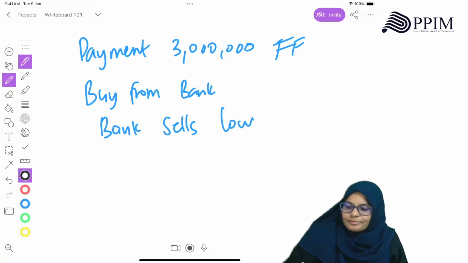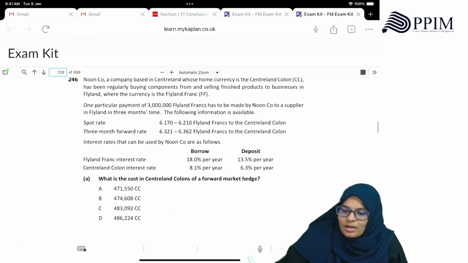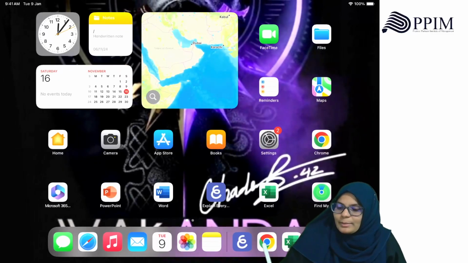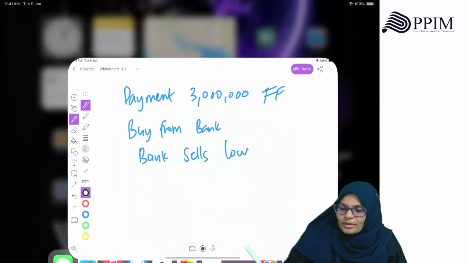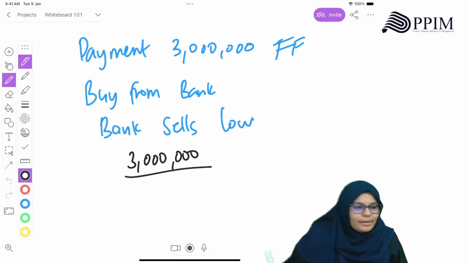Okay. So if you look at the forward rates, 3-month forward 6.321, 6.362. Bank sells low, so it will be 6.321. So that will be the conversion. So 3 million divided by the lower rate, which is 6.321.